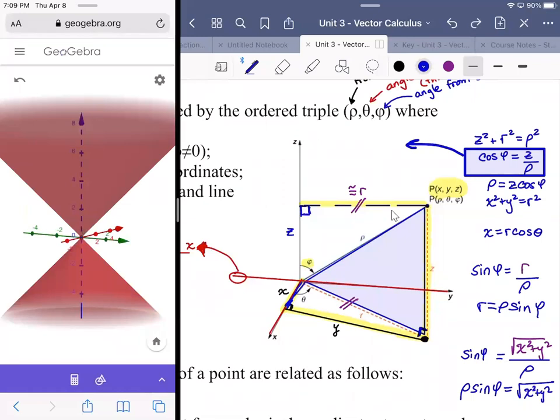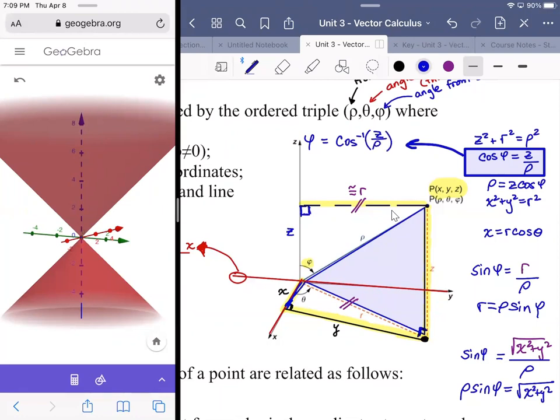Phi is equal to the arc cosine, or inverse cosine, of z over rho.